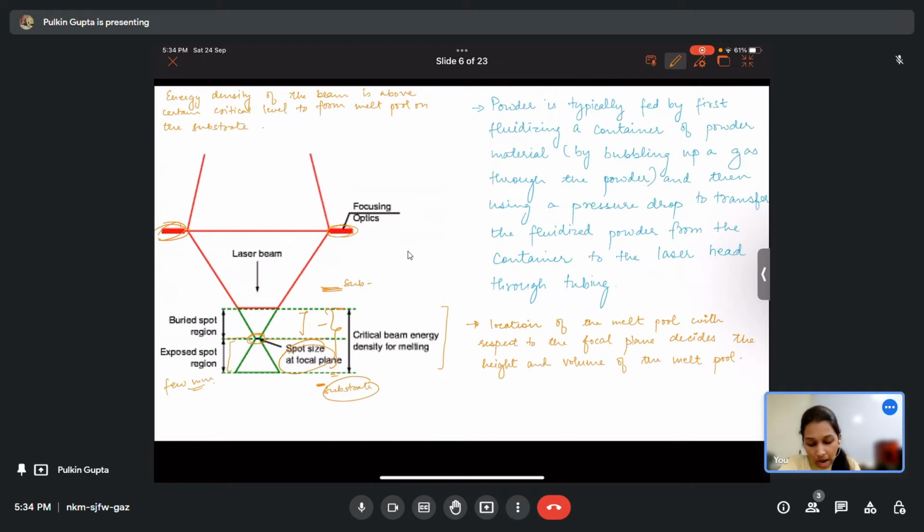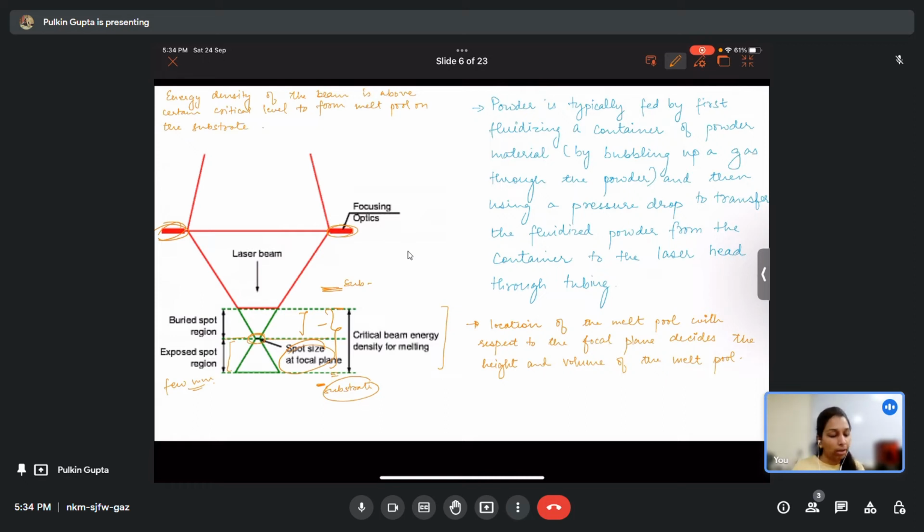Now how is powder fed? Powder is typically fed by first fluidizing a container of powder material. Fluidizing a container of powder material, what does it mean? Like making the powder so that it starts flowing easily.